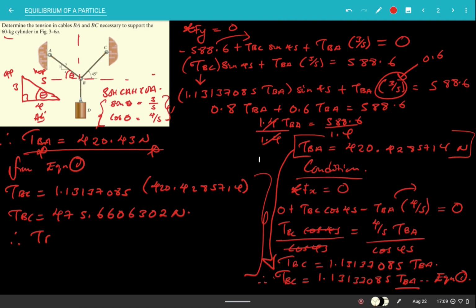Therefore, TBC, if I round off to 2 decimal places, is 475.66, like that. This will be in newtons, and this will be my final answer. Now, if I had to round off with three significant figures, my answer would have been 476 newtons. So I really don't want you to have that confusion when it comes to rounding off numbers.